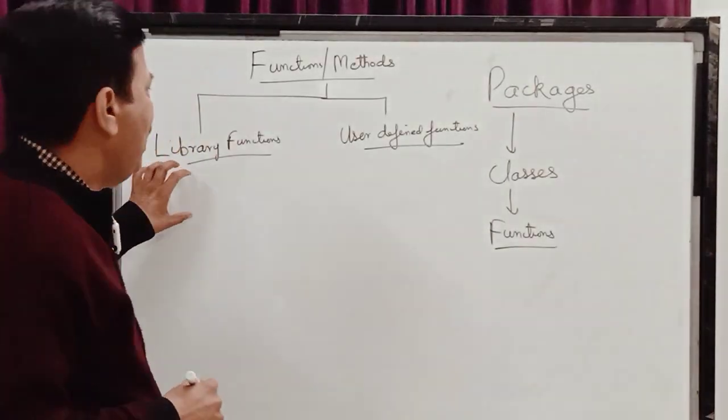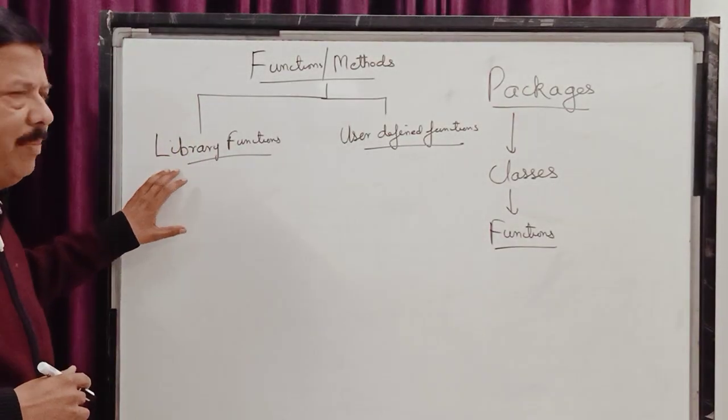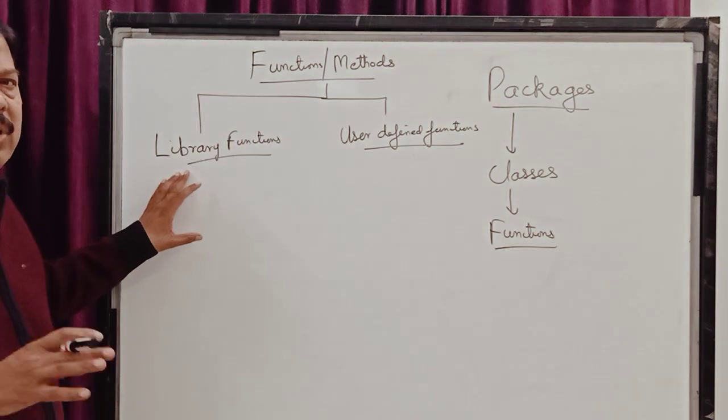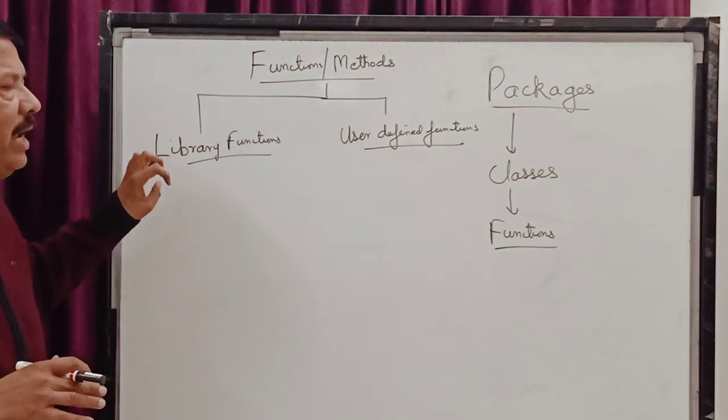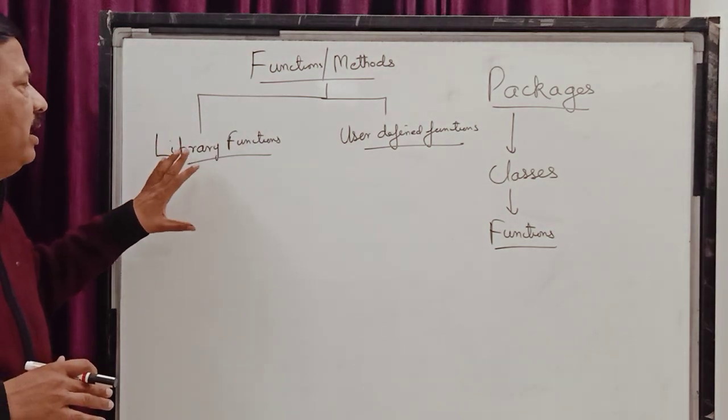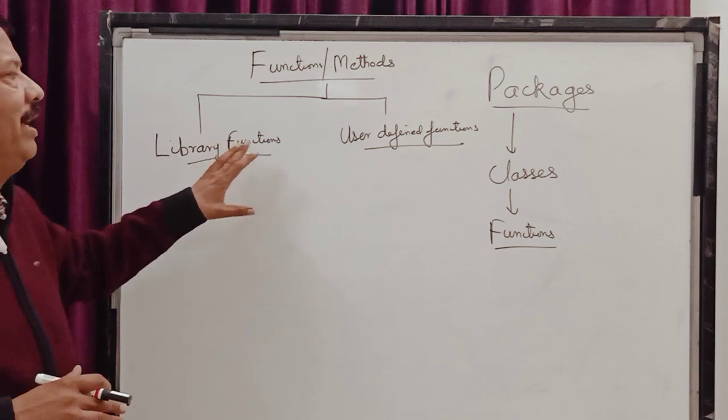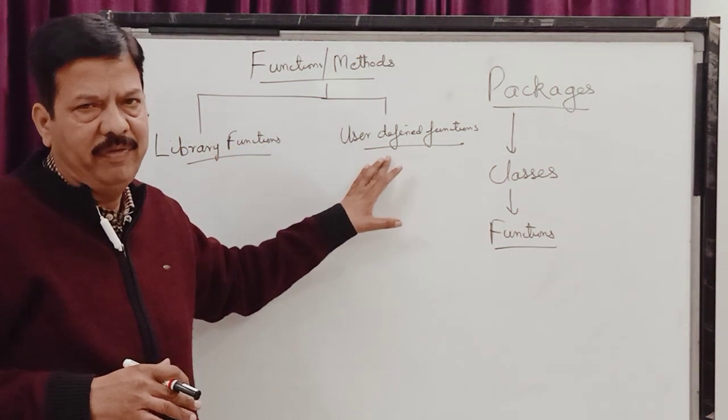So children, today I am going to study the library functions. When we talk about our ICSE exams, we get at least one question on library functions, and we also get questions on user defined functions.